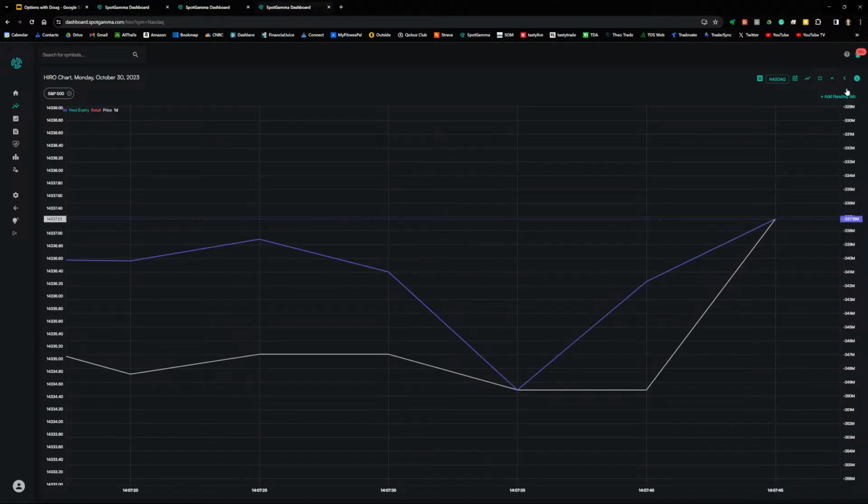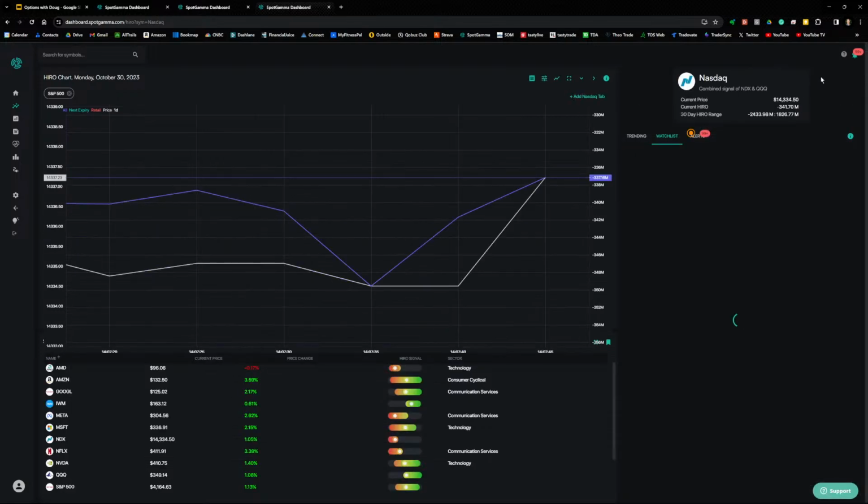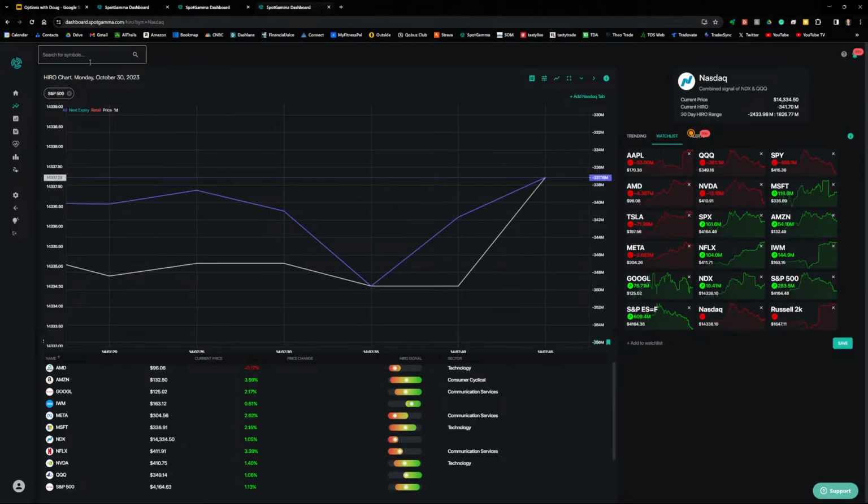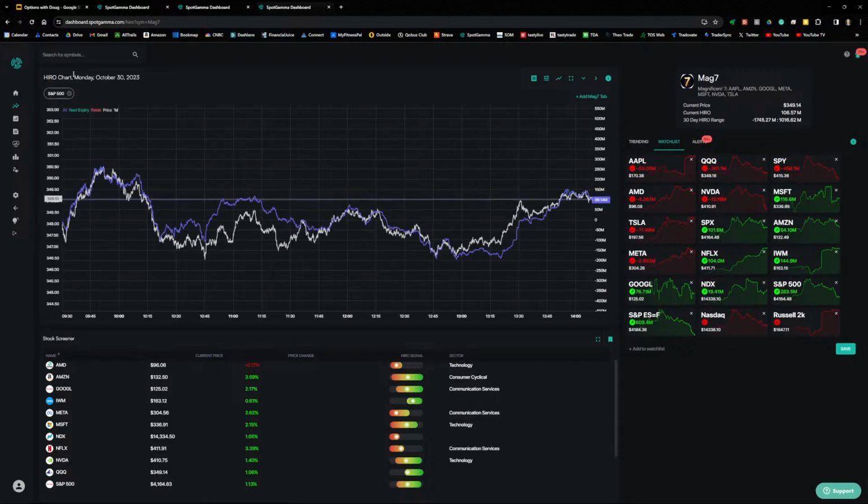Let's just take a look at one other thing. There's a new signal for the Magnificent 7. And these are the 7 stocks that have been driving the markets, both the S&P 500 and Nasdaq, for most of this year.